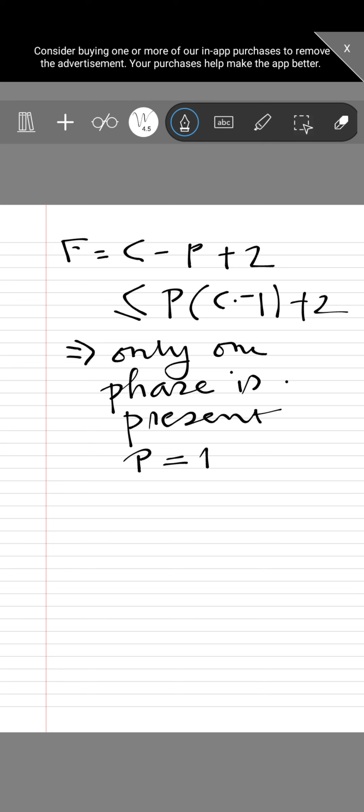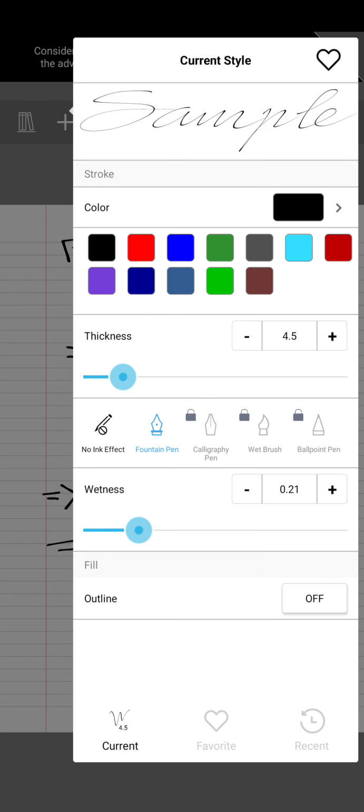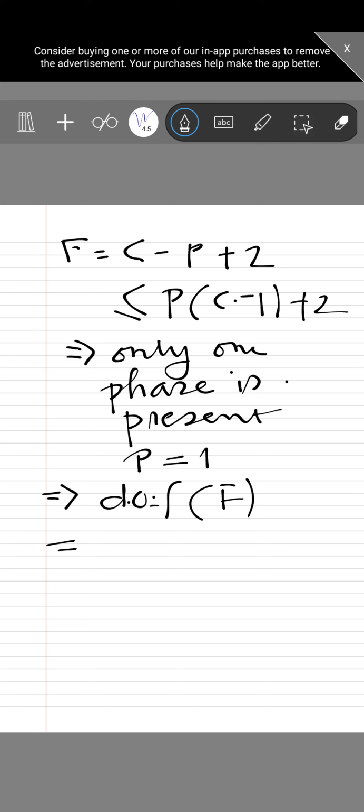So we can conclude that the degrees of freedom, DOF or F for that matter, is equal to the total number of variables.